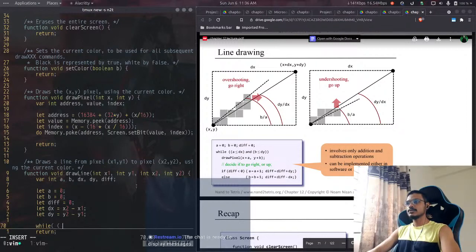The condition in the while loop will be check if a is less than or equal to dx, but we don't have less than or equal to, so we check for a greater than dx and we negate it.